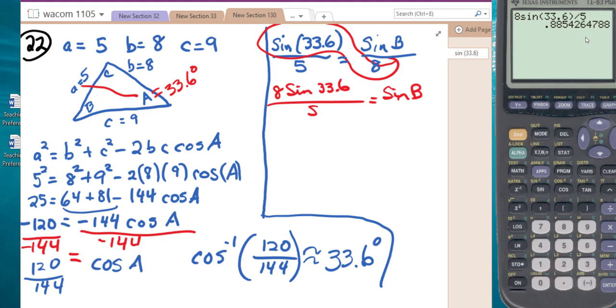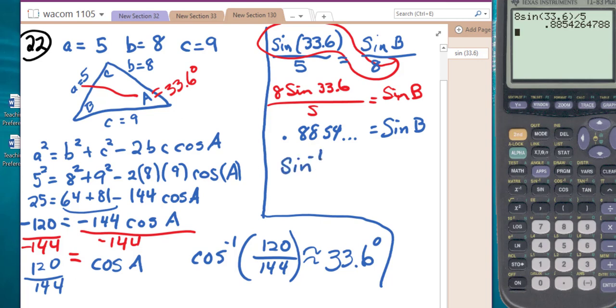This is equal to sine of B. I don't want sine of B, I want B. So sine inverse of this decimal is going to be B. On the calculator, I do second sine inverse, and this next thing is a nice trick.